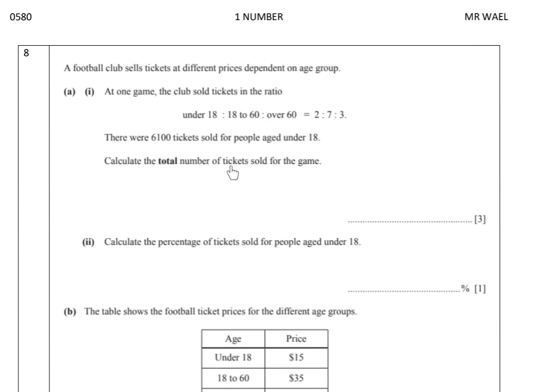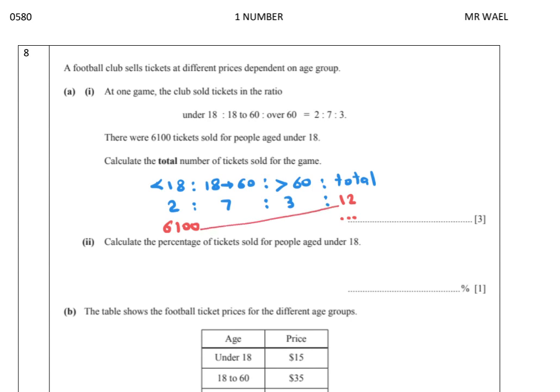Calculate the total number of tickets sold for the game. Now the ratio between them 2 to 7 to 3 and 6,100 under 18. Now to find the total, 2 plus 7 plus 3 equals 12. So we need to find the total, cross multiply. So 12 times 6,100 divide by 2 equals 36,600.